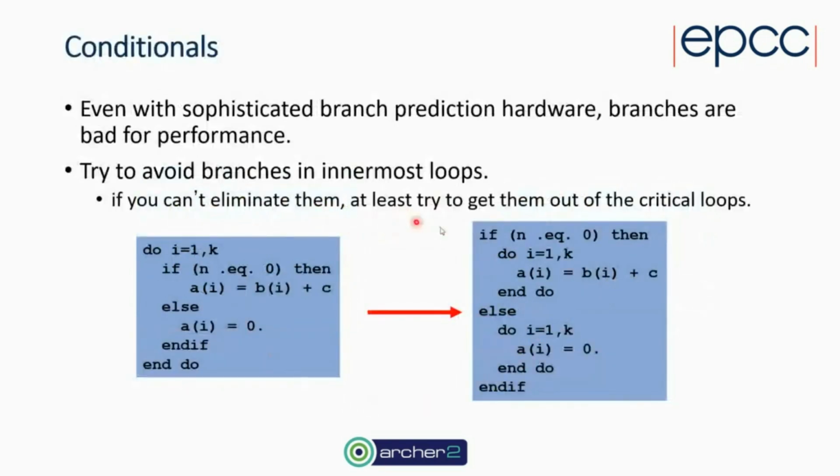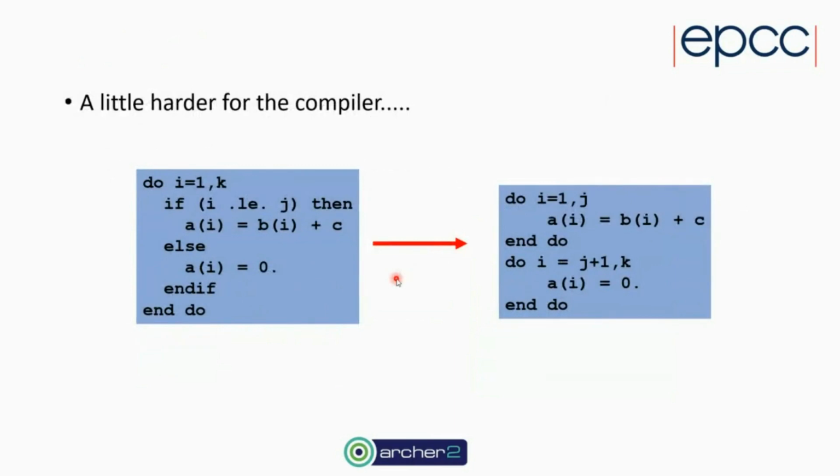Now, the compiler will probably be able to do this for you. It's a pretty simple bit of code, because n equals 0 is not changing inside the loop. You would hope a good compiler can do this for you.